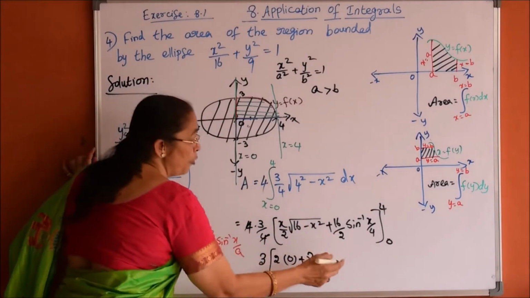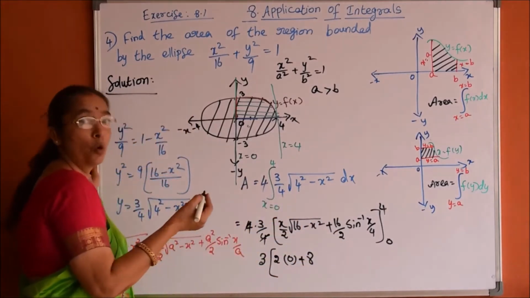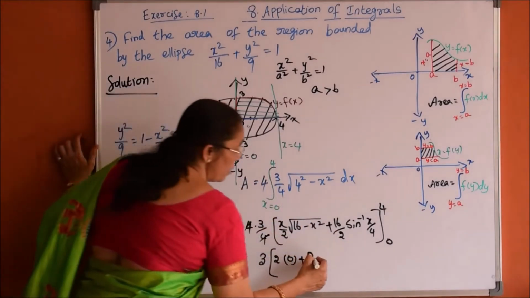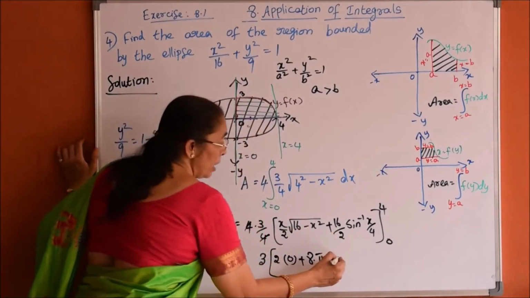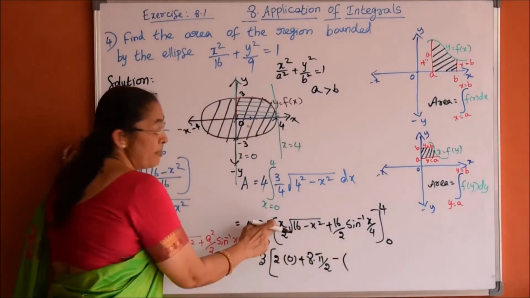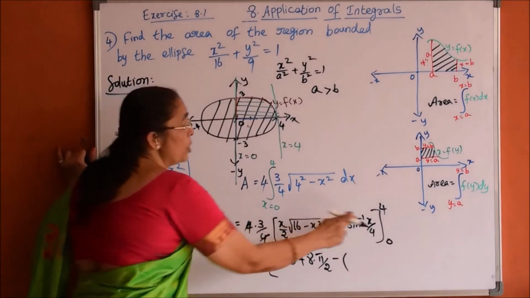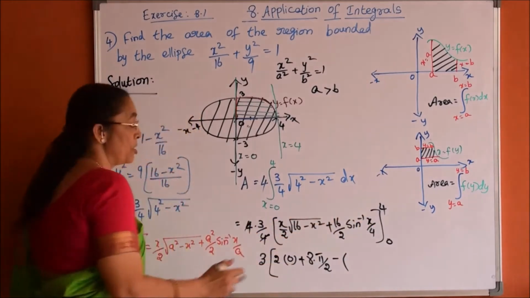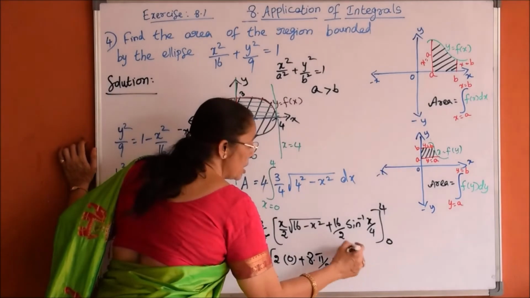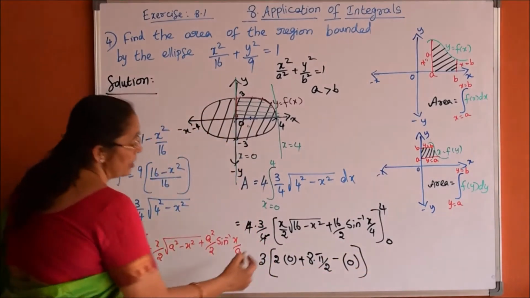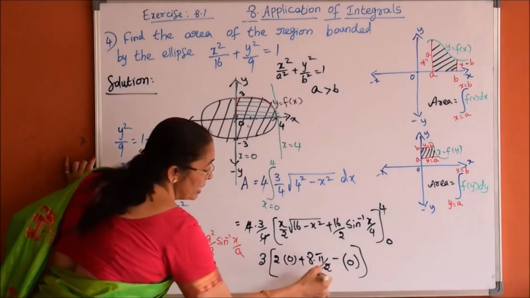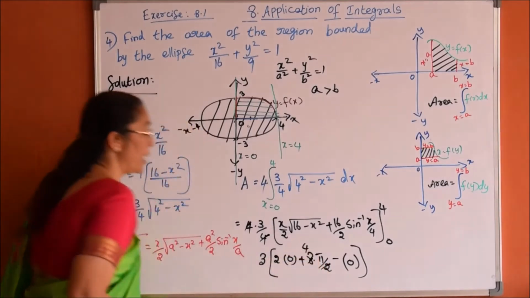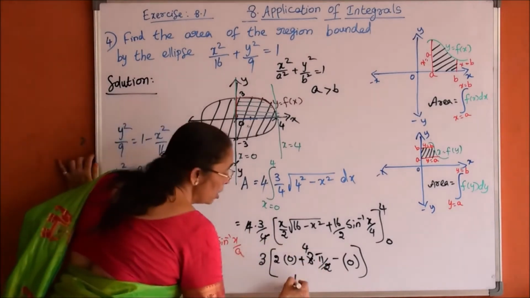Sine inverse of 4 by 4 is sine inverse of 1, and sine inverse of 1 is nothing but pi by 2. So, upper limit we applied. Coming to the lower limit, when we apply 0, this becomes 0, and sine inverse of 0 is 0. So, the lower limit is 0. So, 3 8s are 24, we can first cancel this one, it is 4 pi. So, 4 3s are 12 pi.